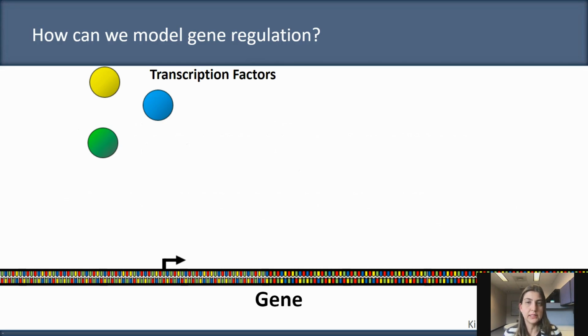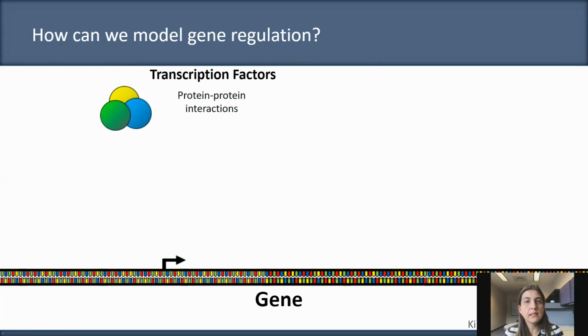And how could we model gene regulation? So let's briefly go over the transcription steps. So we know that transcription factors can bind to each other and form complexes. And we can learn about this type of interaction through protein-protein interaction data.